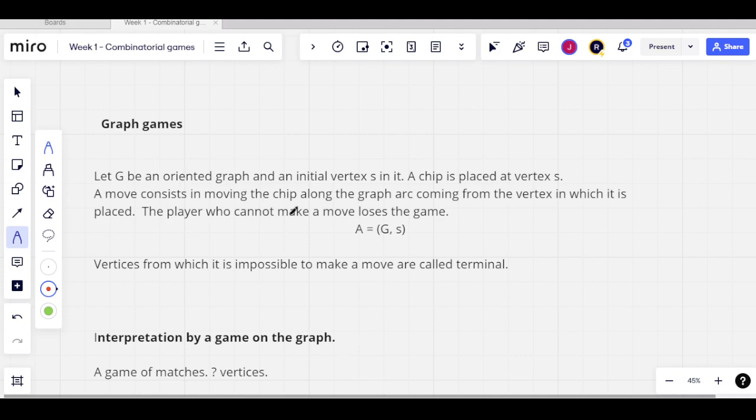So, given an oriented graph, and we have an initial vertex s in it. So our game is described as a graph and an initial vertex. Vertices from which it's impossible to make a move are called terminal.